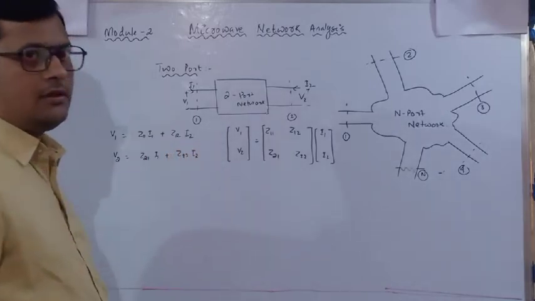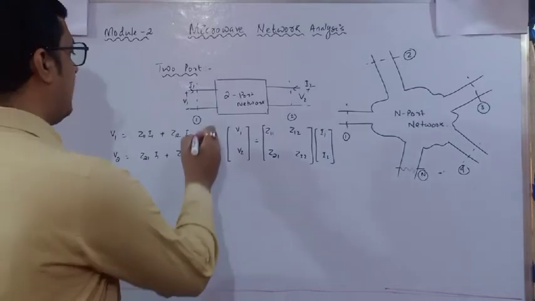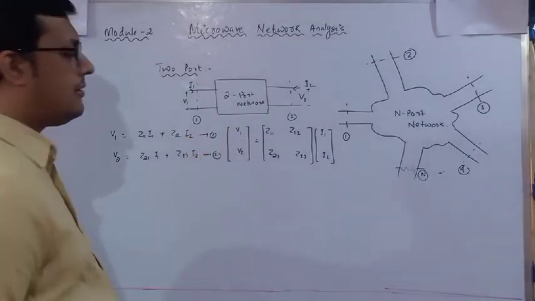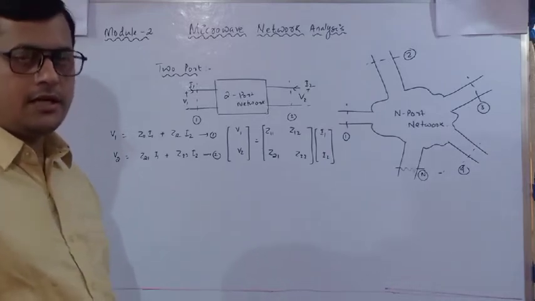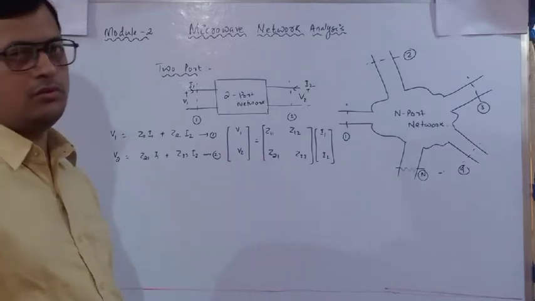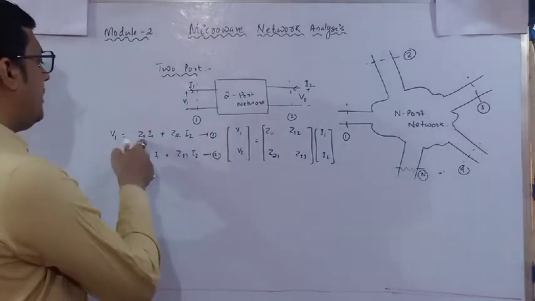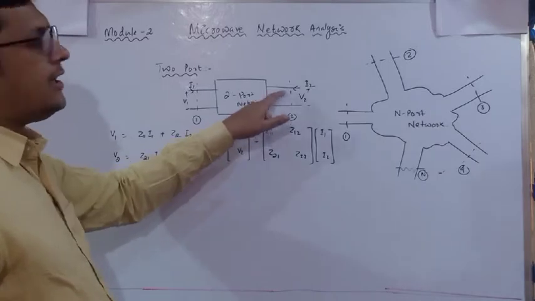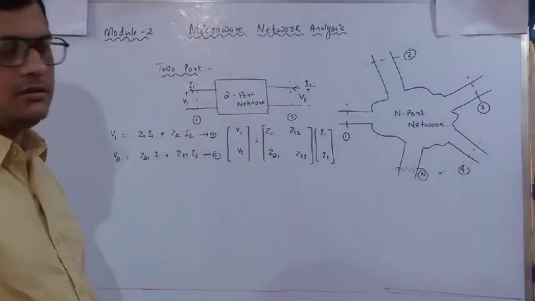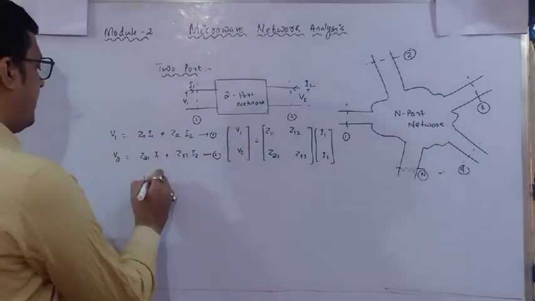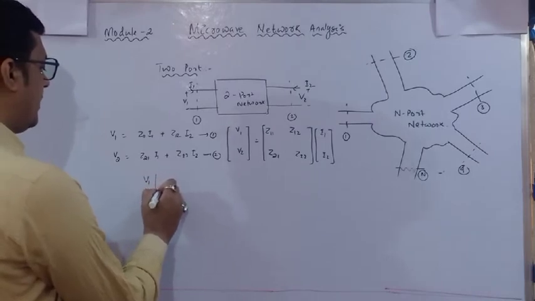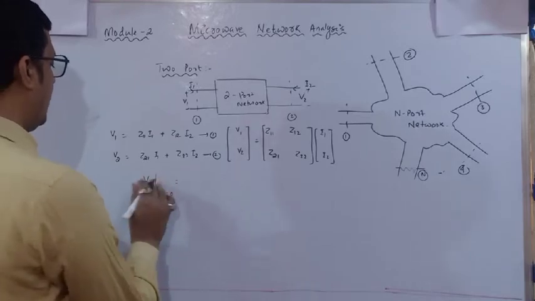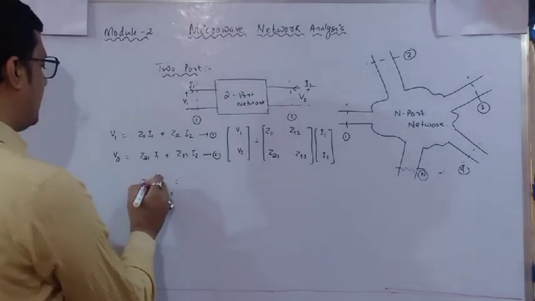Okay. Now with the help of these equations, you can determine the parameters Z11, Z12, Z21 and Z22. Now if you want to determine Z11 and Z21, that means the current at port 2 must be 0. So, sorry, this is Z11.